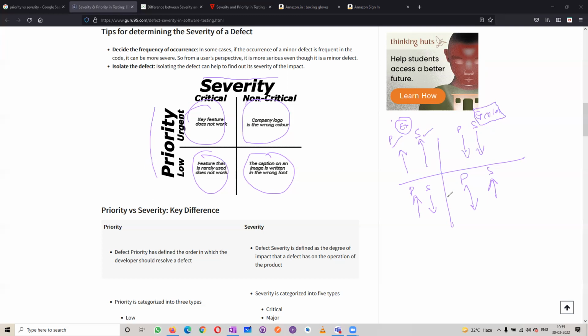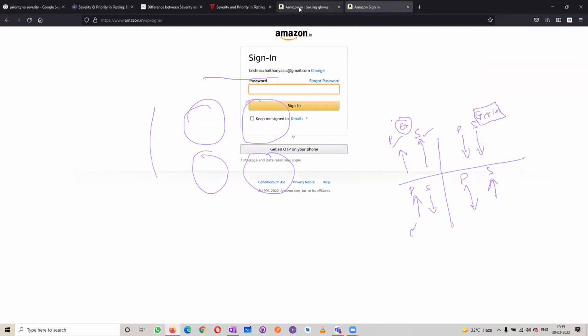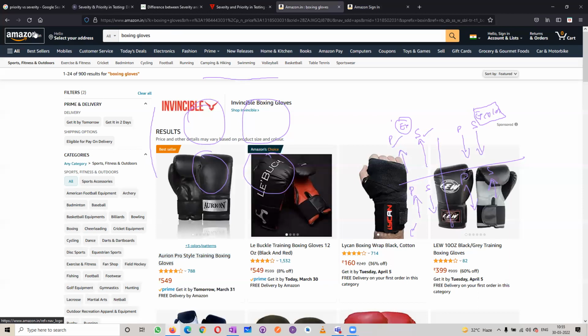Now, high priority and low severity. It means the urgency of fixing the bug is very high, but the impact of it is very low. The example for this is, if I go to Amazon and the logo spelling is a mistake, instead of Amazon it is coming like Ammazon, with a double M. That is not good, right?